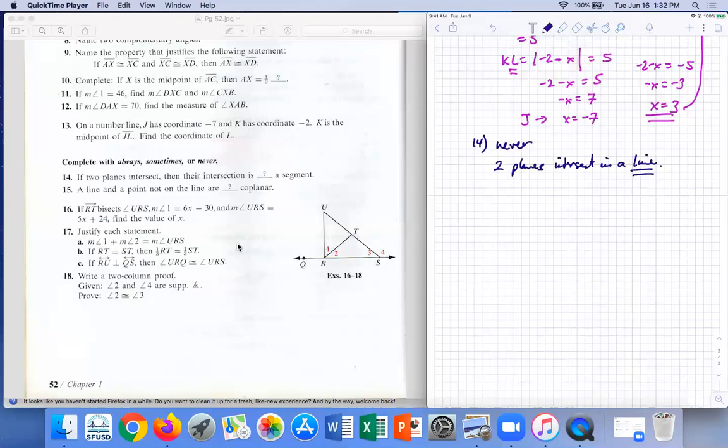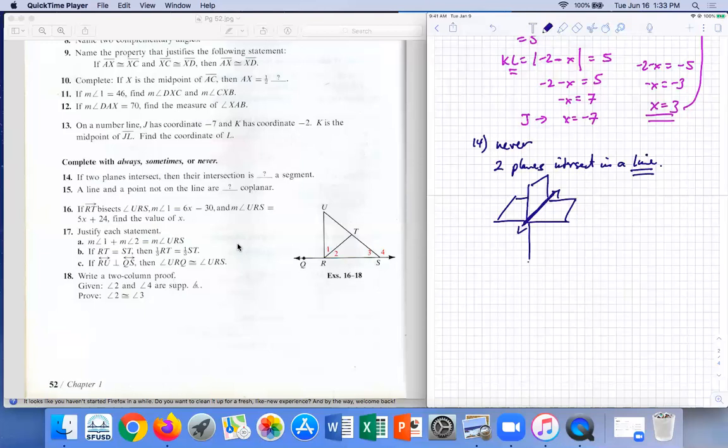Let me try to draw how I draw intersecting planes. Oh, let's do a horizontal and vertical plane. So what I try to imagine is I'll draw a vertical plane like this, right? Their intersection is a line.